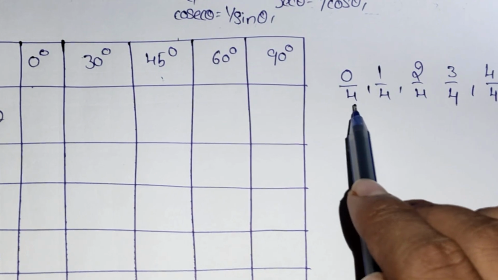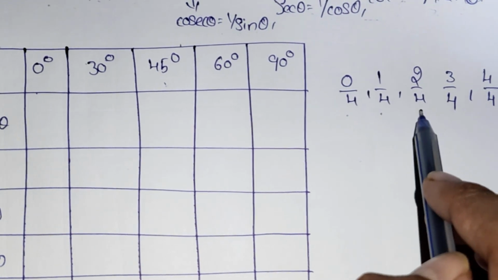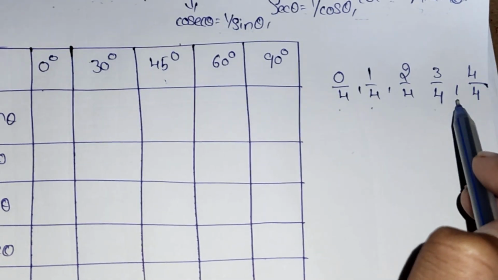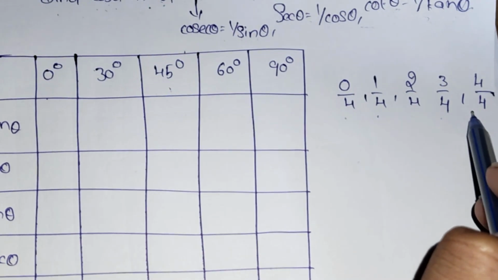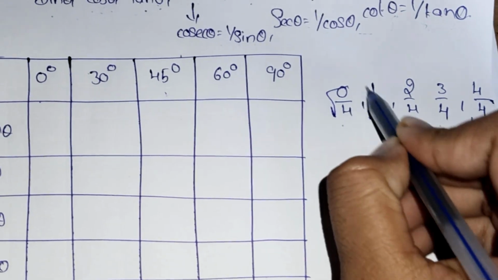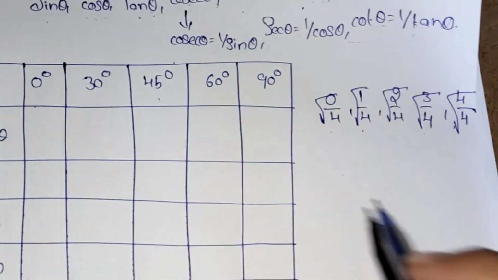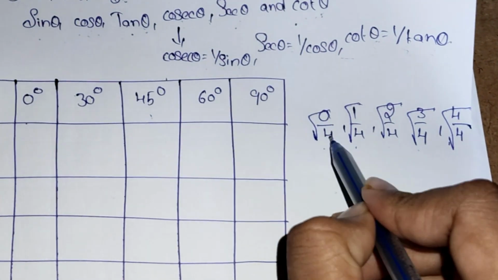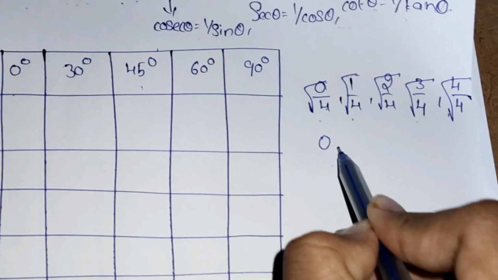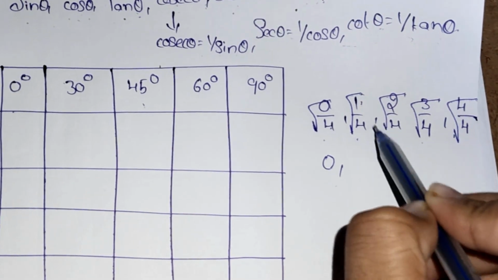Initially we have to write 0 by 4, 1 by 4, 2 by 4, 3 by 4, and the last one is 4 by 4. Before that we have to apply the square roots for all these. Now 0 by anything is 0, and the square root of 1 by 4.